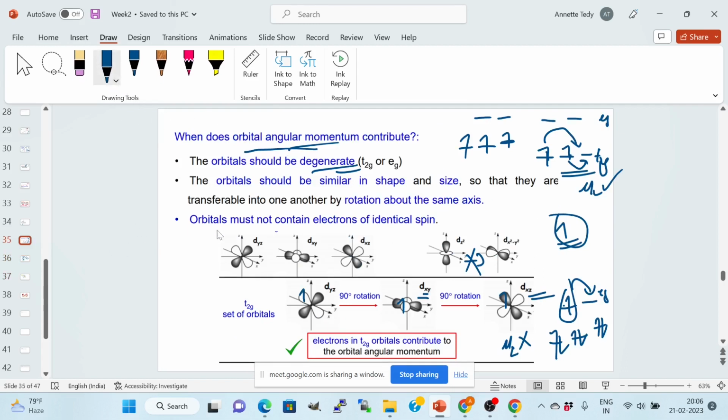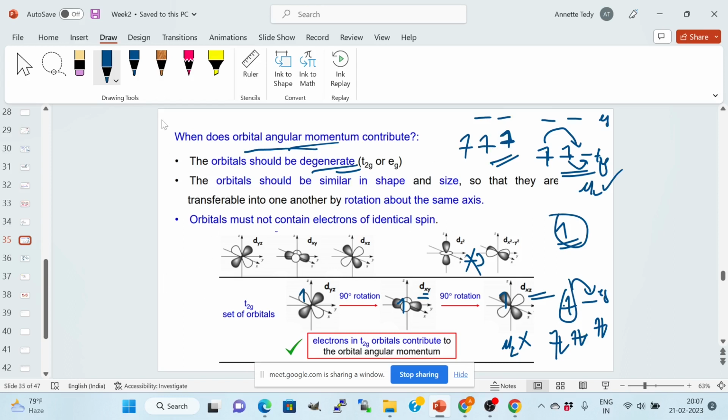Then the third one is orbitals must not contain electrons of identical spin. In this case, the orbital angular momentum contribution will not be there because at least one vacant space should be there where this electron can jump. Here, already all orbitals have the same spin electrons. So in that case it cannot jump.